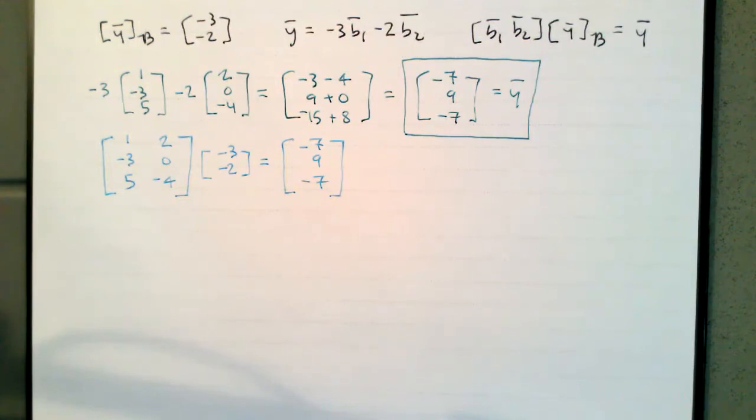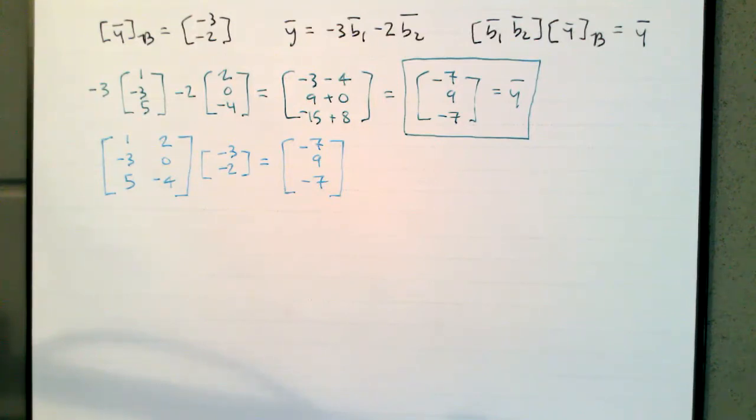So what we want to notice is that the vector y is a vector in R3 and has to have 3 coordinates. But since we're looking at a 2-dimensional subspace of R3, the coordinates of y relative to b are in R2.